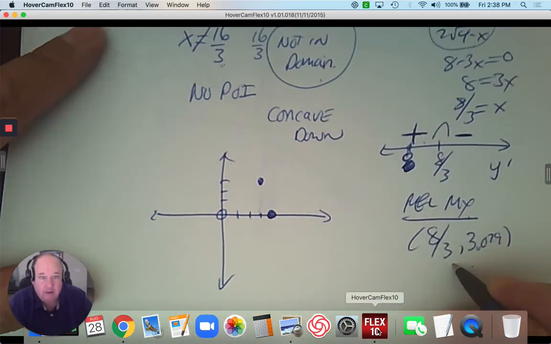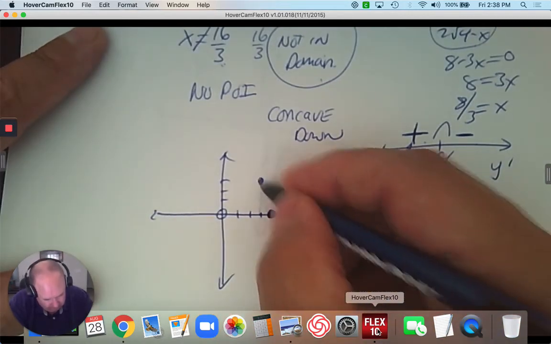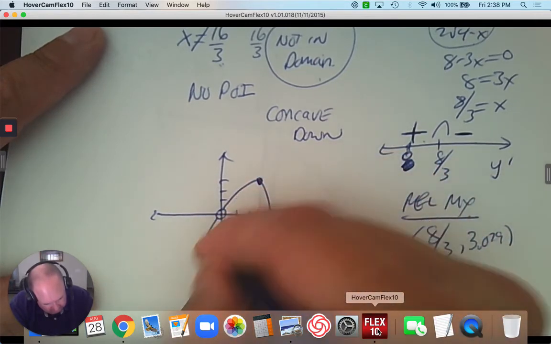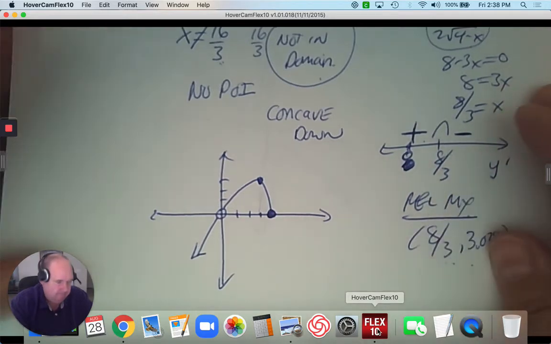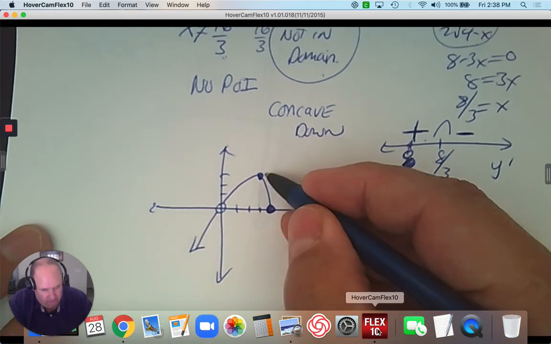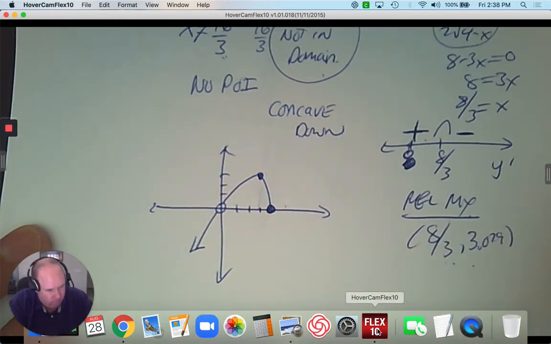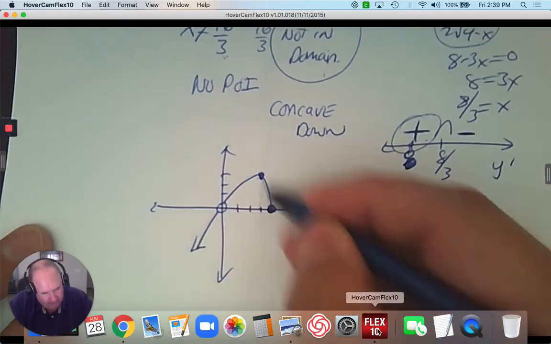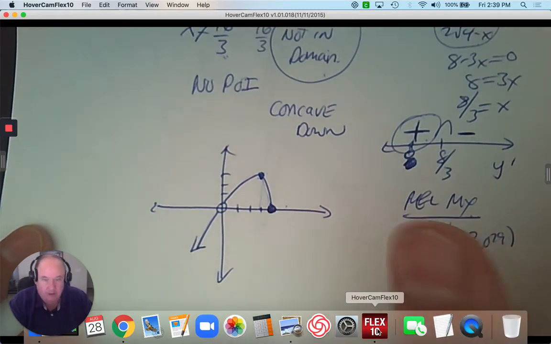So I estimated this point here, and it ends here and continues there. So it's increasing, and then concave down throughout.